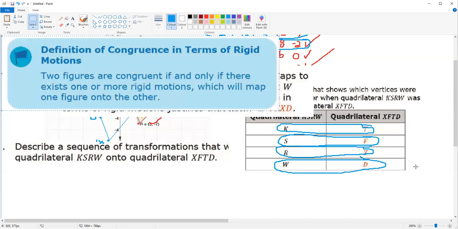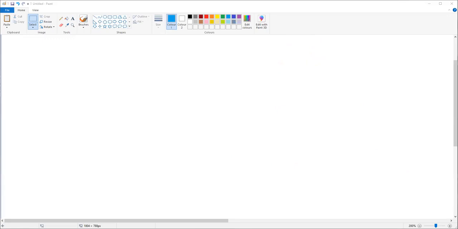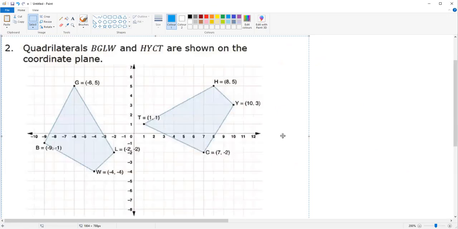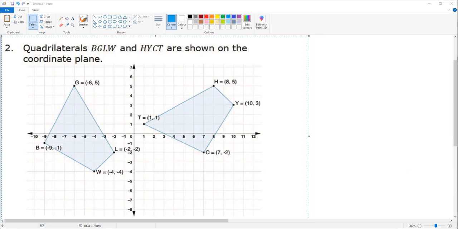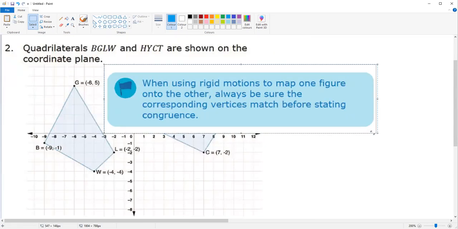All right, so we have one set of quadrilaterals. These two quadrilaterals, and use algebraic expressions that will map on these things. Right, so one little note here: at the very end, we're going to use the algebraic expression.